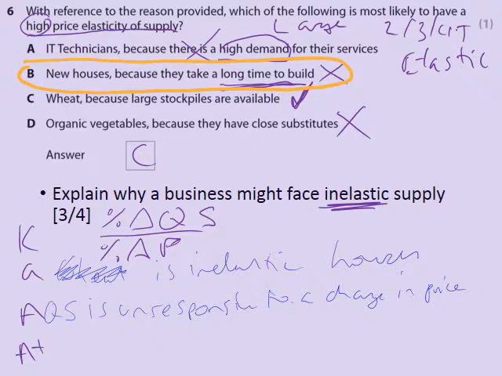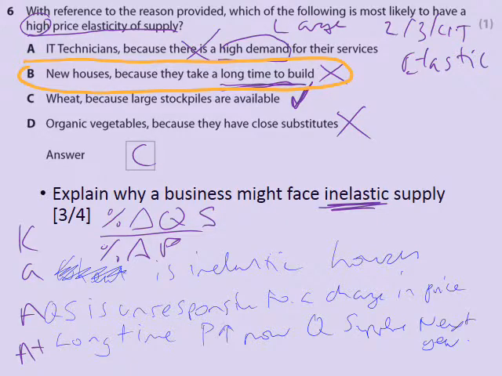Just to apply the other definition, the reason that they are unresponsive is over the long term, or it takes a long time, which means that if the price rises now, the quantity supplied of houses might be next year.